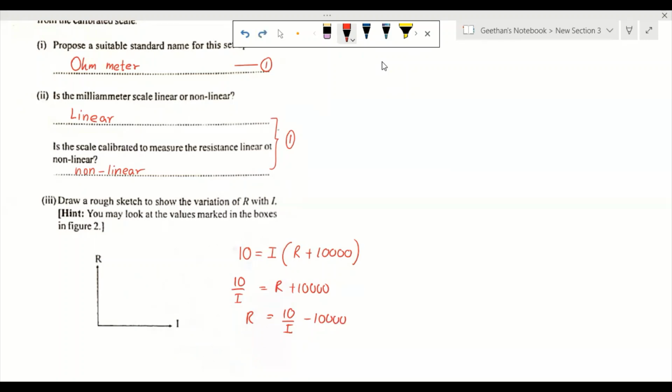So your graph must be something like this. It comes to a certain value. It should touch the x-axis, but it is not going to touch the y-axis. So this is the shape of the graph that you must get. If you have drawn the graph properly, you'll get another 1 mark for this.